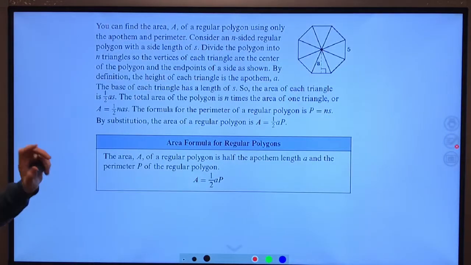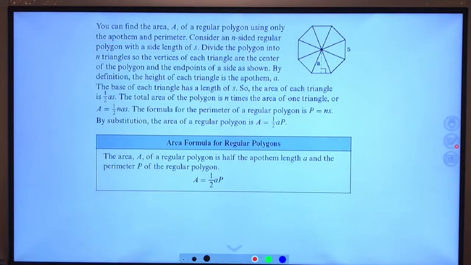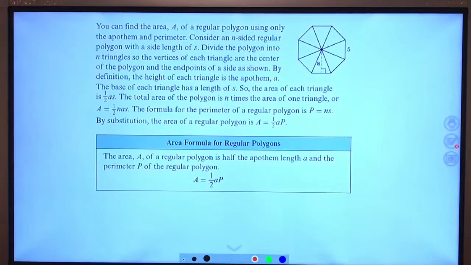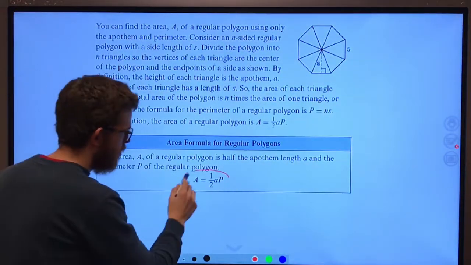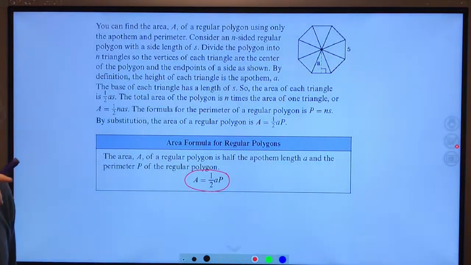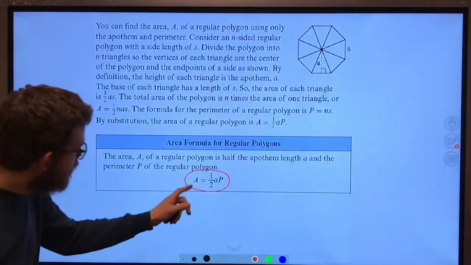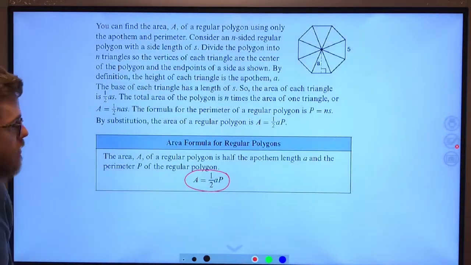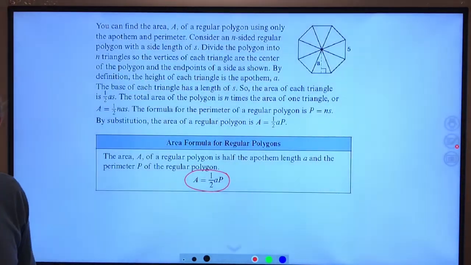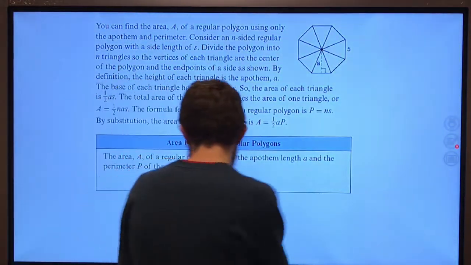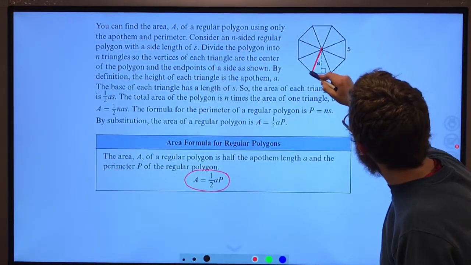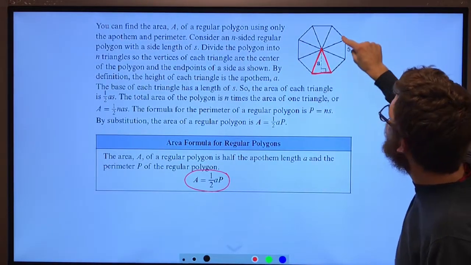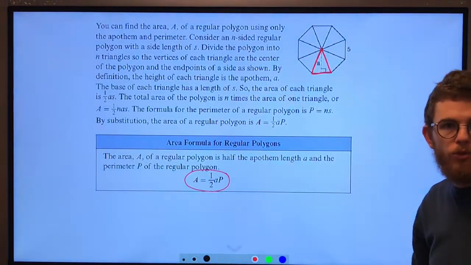Now, talking about the area of a regular polygon. Here's one way that we can find the area of any regular polygon, and the area is going to be 1/2 the apothem times the perimeter. Notice how a regular polygon is basically formed by several congruent triangles.